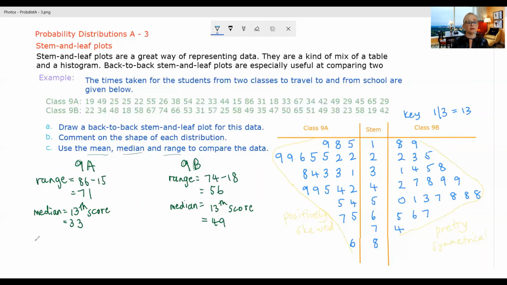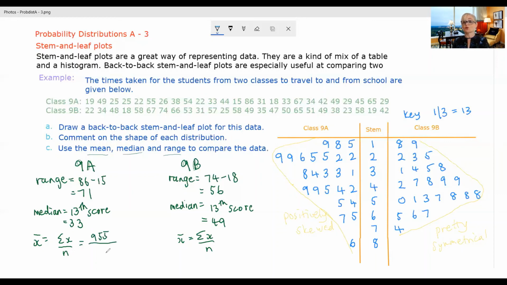Now the mean is always the sum of scores divided by the number of scores. I added these up in advance to save a bit of time, because obviously adding up 25 numbers is going to take a while. For our 9A, adding up our 25 numbers, we get 955.